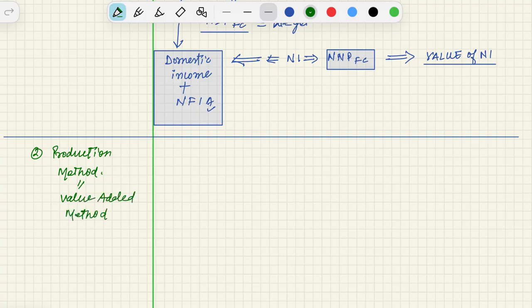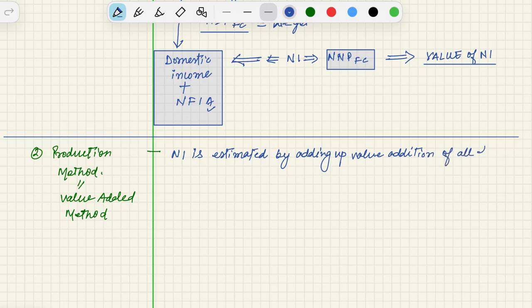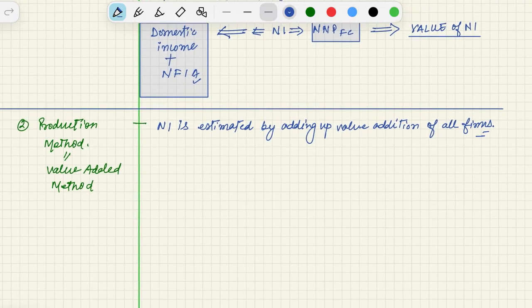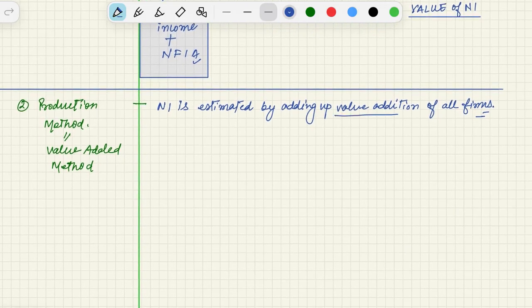Here national income is estimated by adding up the value addition of all firms. That means value addition of all firms.